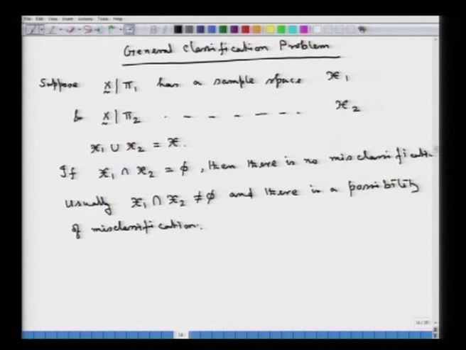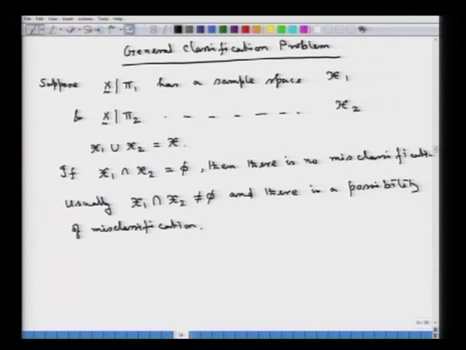Now, if the two sample spaces script x1 and script x2 under the two different populations pi 1 and pi 2, whatever those multivariate populations be, were a null set, then whenever we have a particular multivariate observation from the x1 part of the sample space, we will assign it to pi 1, and if it is from the x2 space, then we will assign it to pi 2, and that is going to be foolproof, because there is no chance of any misclassification.